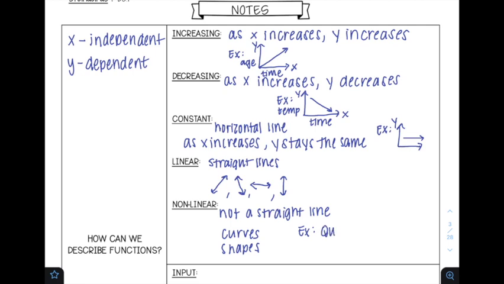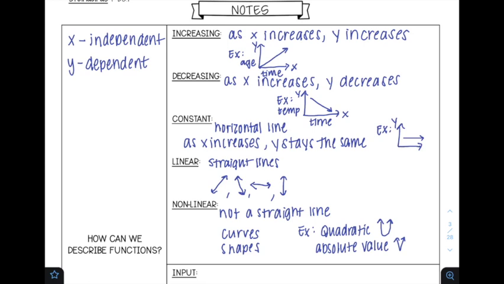Quadratic functions look like a U. Absolute value, which we learned last year and even before that, is in the shape of a V. So those are not straight lines. Those are shapes or curves.